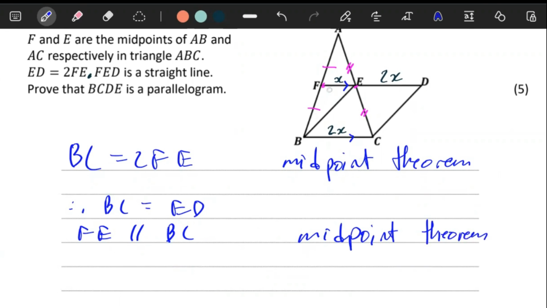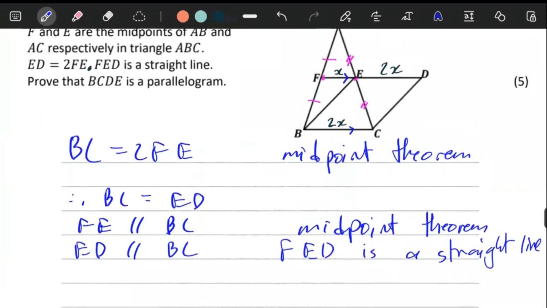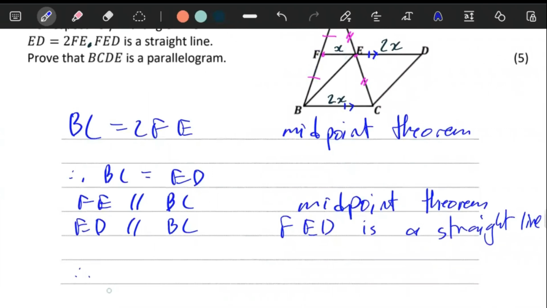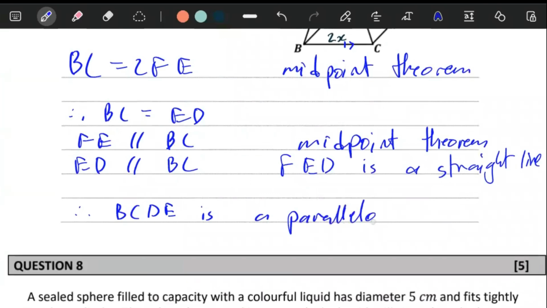So here, because FE is parallel to BC, you can also then state that ED is parallel to BC. The reason is FED is a straight line, because if the whole thing is a straight line, it means that if a portion is parallel to BC, the other portion is also parallel to BC. So since you've proven that the opposite sides are parallel and you've proven that the opposite sides are also equal, you can now state that therefore your shape BCDE is a parallelogram.